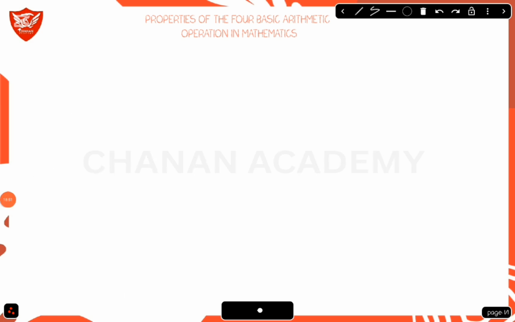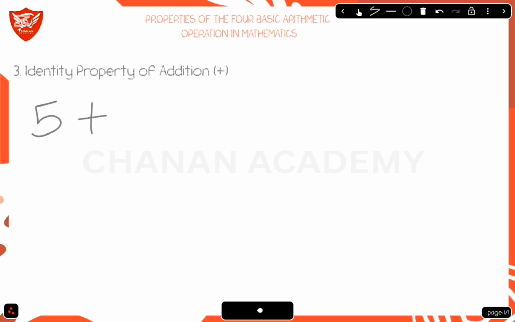So the next property we'll be talking about is the identity property for addition. So let's put it in writing. Let's say 5 plus A, the result is 5. So what is A? A is the identity of 5.